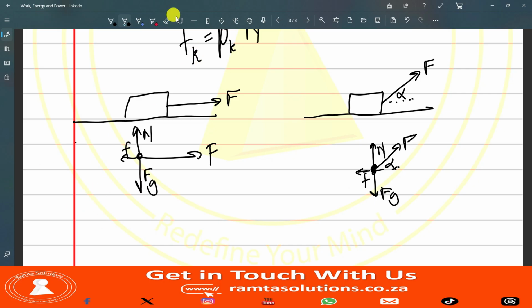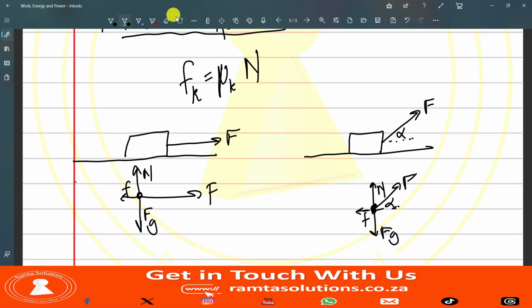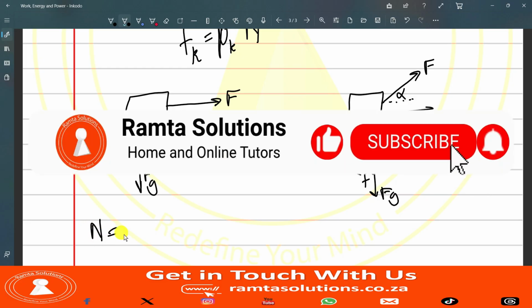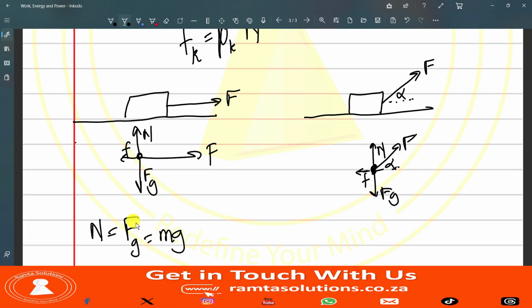So we said friction is mu sub k, which is the coefficient of kinetic friction, times the normal. Here, we can simply say the normal is equal to F sub g, which is mass times gravitational acceleration, right? But what about here? We need to be careful.